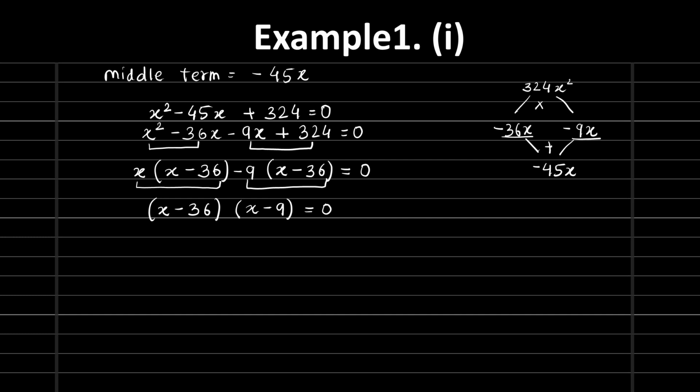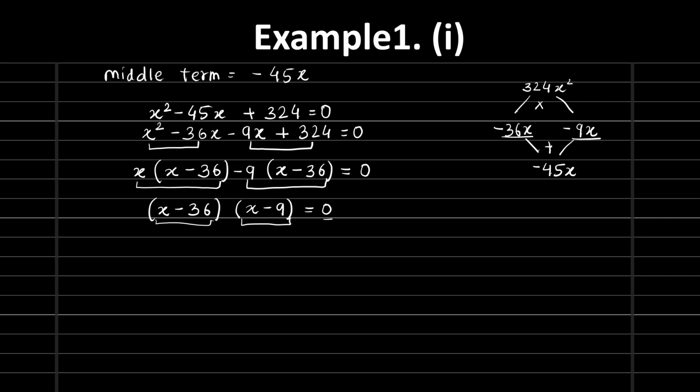So now what is happening? We are getting two factors whose multiplication is equal to 0. So what are the possible cases? Either X minus 36 is equal to 0, or X minus 9 is equal to 0, or both of them could be equal to 0. Only then their multiplication is equal to 0, right?